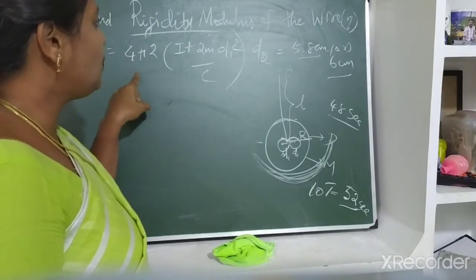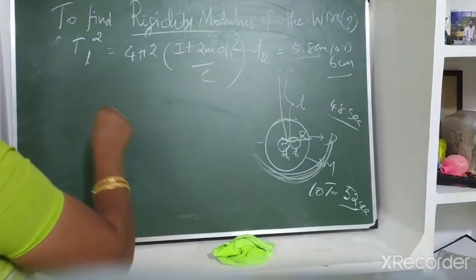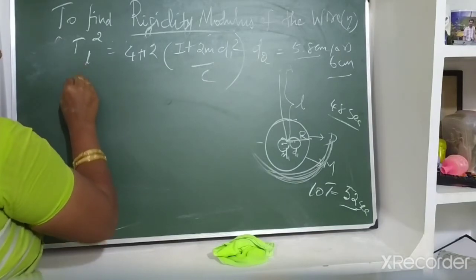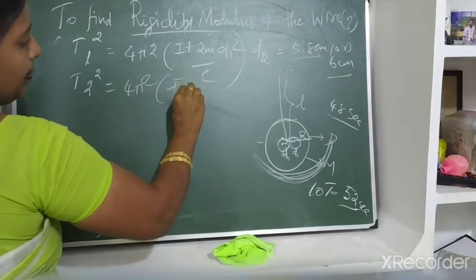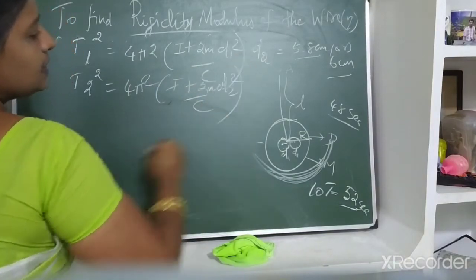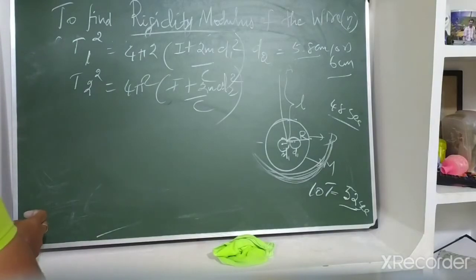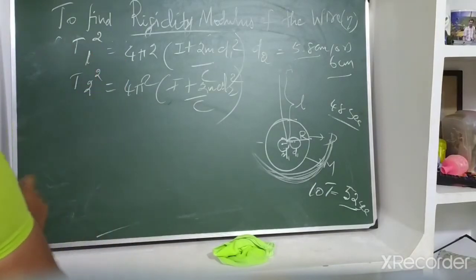And equation number 2, squaring: T2 squared equals 4 pi squared into I plus 2m D2 squared divided by C. So this is how we find T1 squared and T2 squared.